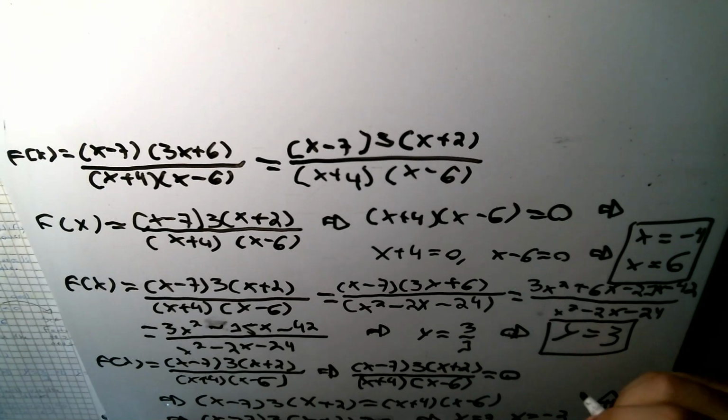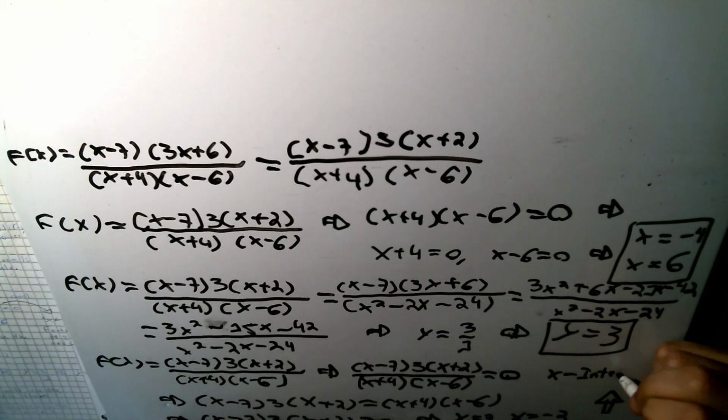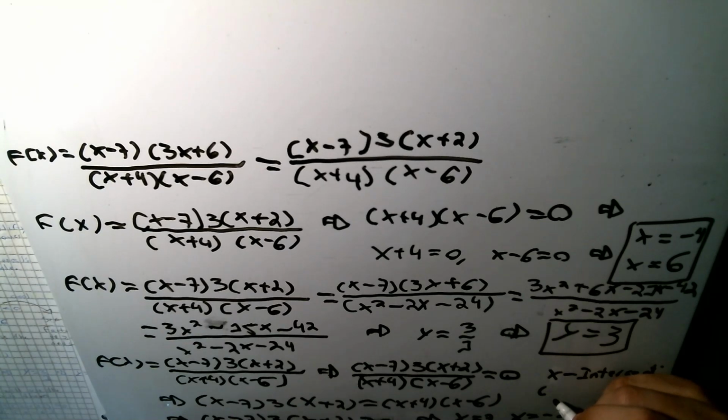Therefore the x-intercepts are 7,0 and minus 2,0.